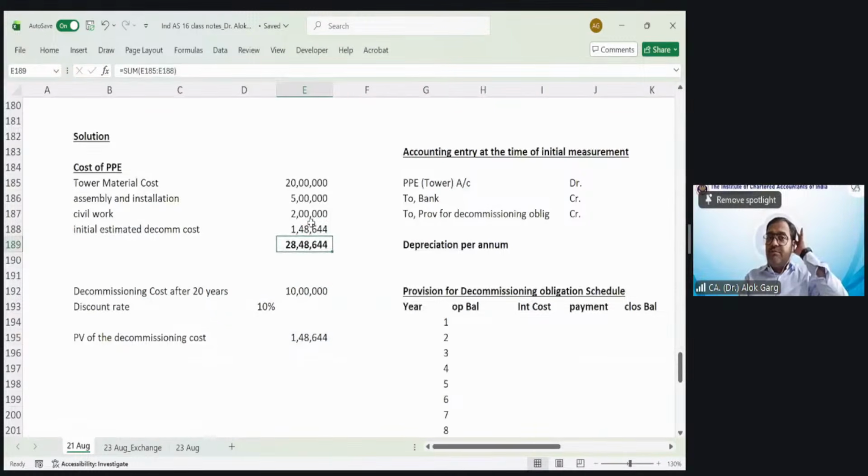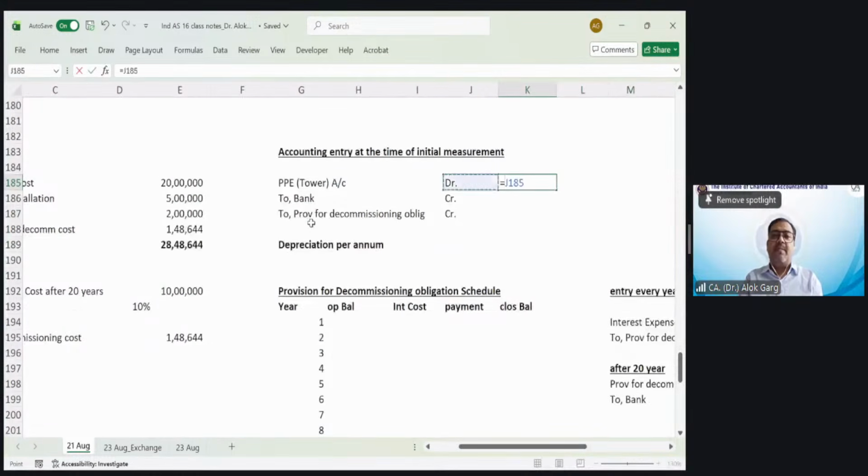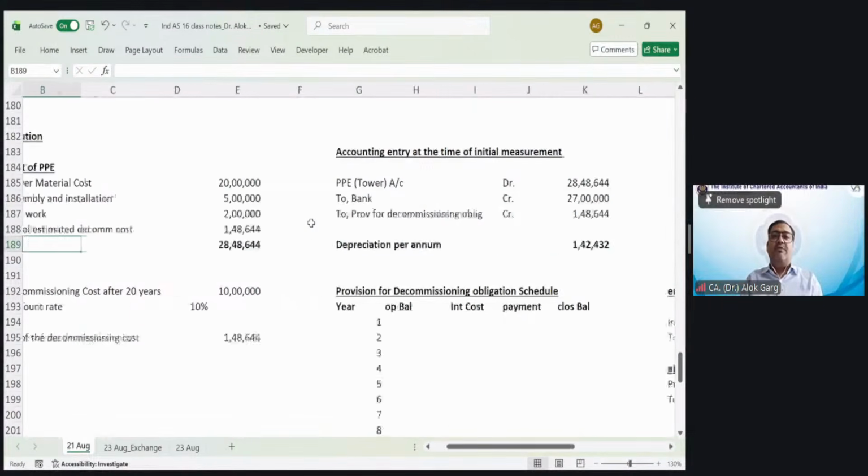My total cost of PPE will be 28,48,644. What is the accounting entry? PPE tower account debit this much; to bank, how much? 20 plus 5 plus 2. This 1,48,644 will go to the provision for decommissioning obligation, right? What is my depreciation per annum? I hope this is clear to everyone.